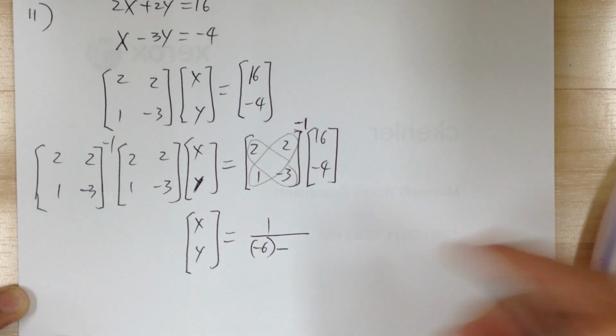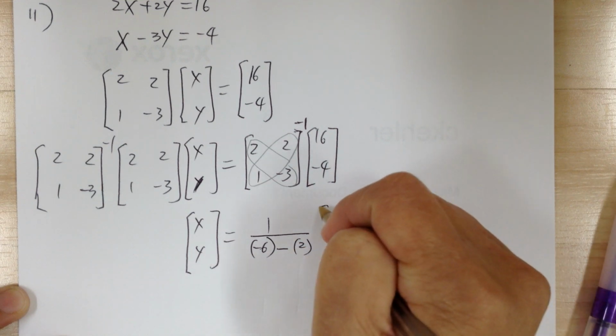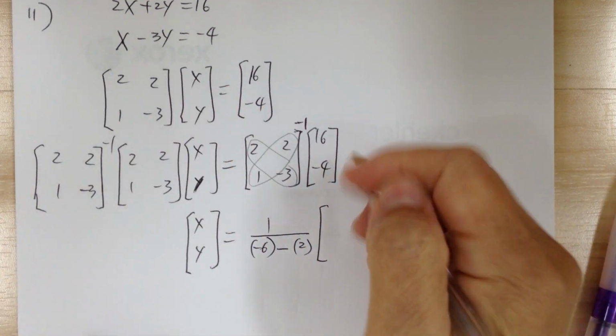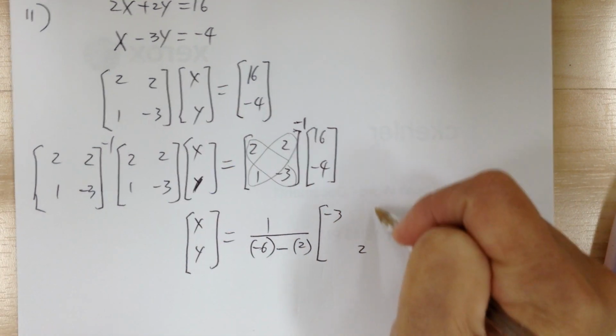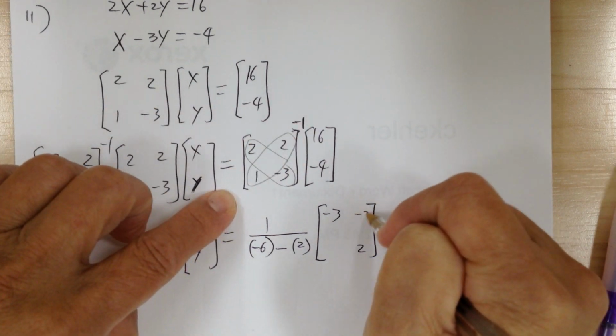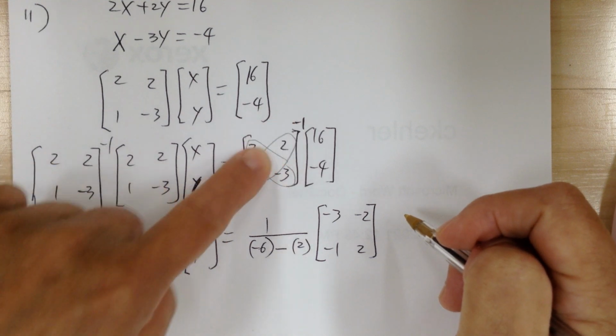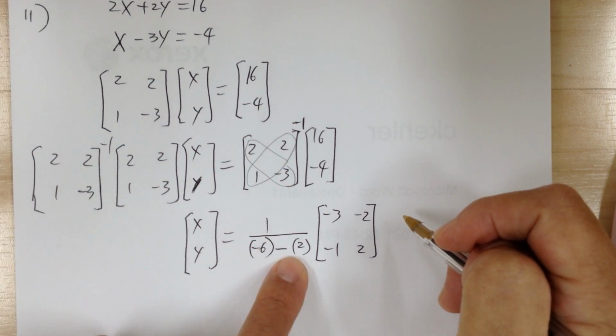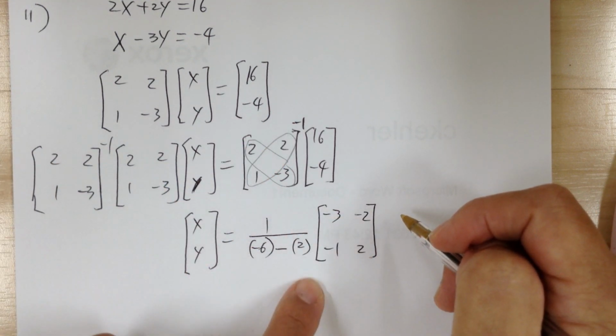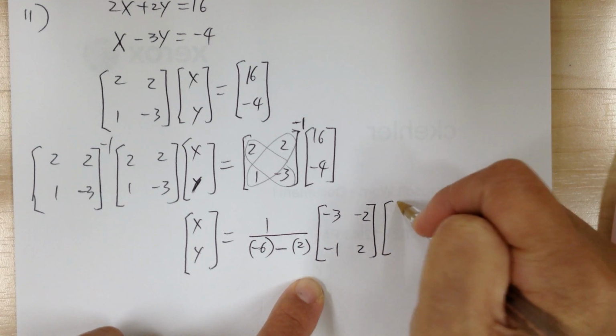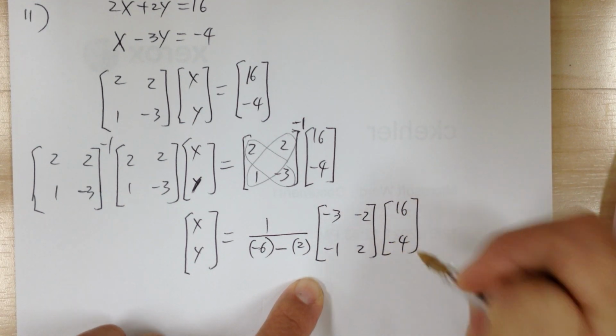Minus 2. And then you have to switch the sign. That's how you do the inverse. So the inverse of this is 1 over det, and you switch the sign.